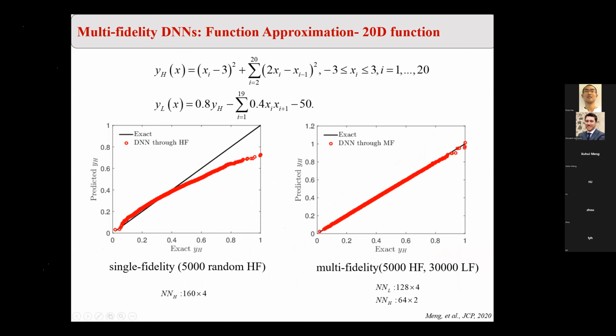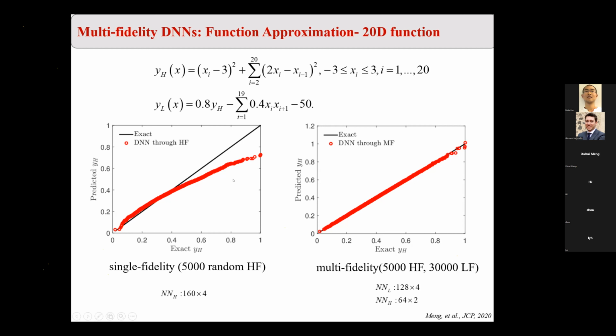And we also use this method to test the function approximation case in 20 dimensions. We use these 2 functions to generate low fidelity and high fidelity data. In the first case, we just randomly sampled 5,000 high fidelity locations, got the function value from this function, and used them as the training data to see if we can use a neural network to fit this function.